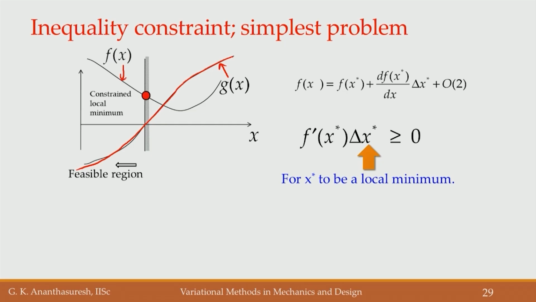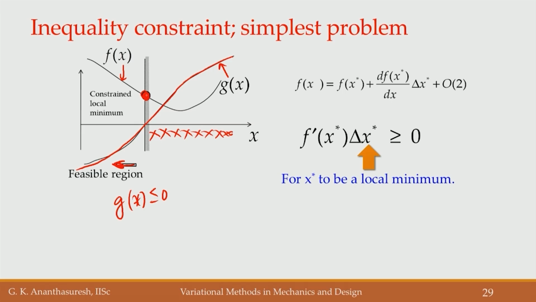Now, we want to minimize f of x such that g of x is less than or equal to 0, right. That means that this is our feasible space. All this is infeasible, I cannot go to that right side, I have to be on this side. Then if you look at f, clearly this is my constrained minimum, which lies on the boundary. That is why it is sometimes called a boundary minimum or boundary optimum.